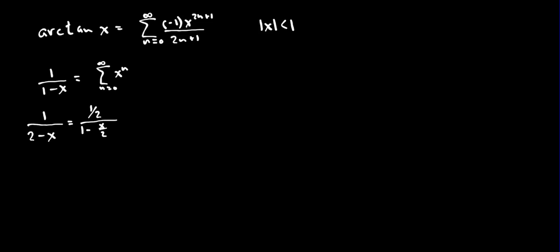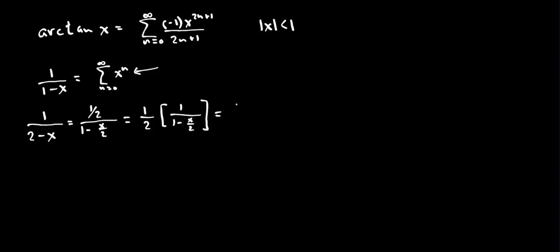Now, look, here's what it looks like. Instead of x, I've got x over 2. Now remember, here was the original when I had x, but now I have x over 2. Now let me write it this way: 1/2 times 1 over 1 minus x over 2. See? I've got this 1/2, it's extra, but instead of x, I've got x over 2.